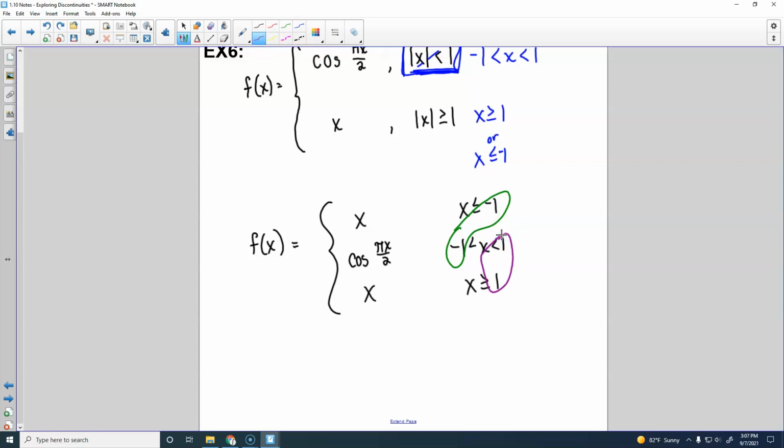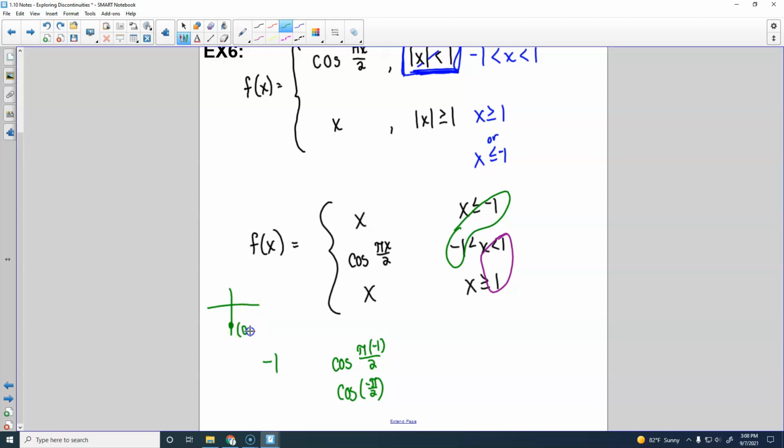So what we can do for this is we can plug -1 into both of these functions, the top and the middle. So obviously here for x, you're just going to get -1. Then you're also going to do cosine of pi times -1 over 2. So cosine of -pi over 2. -pi over 2 would be right here.